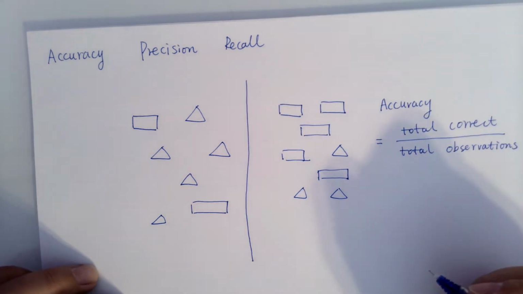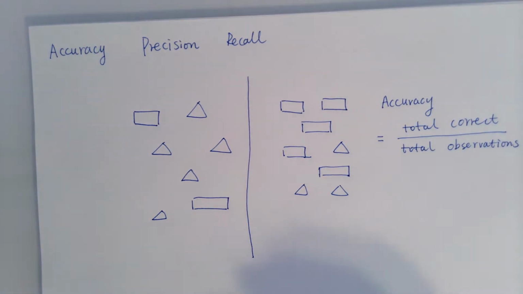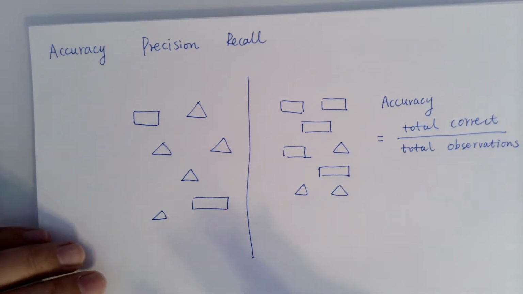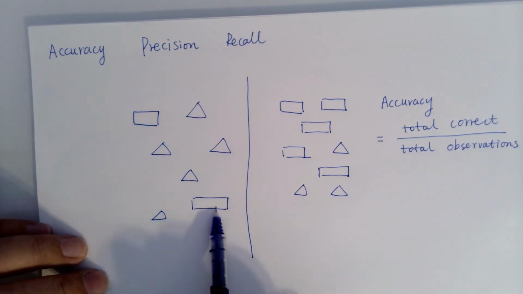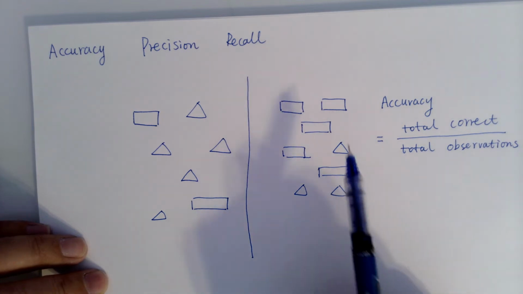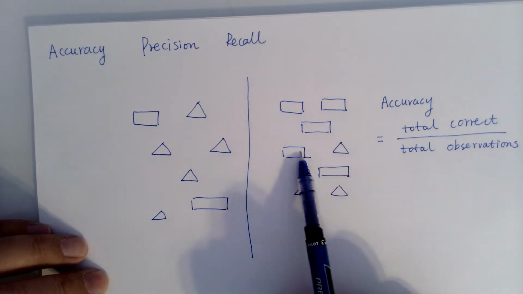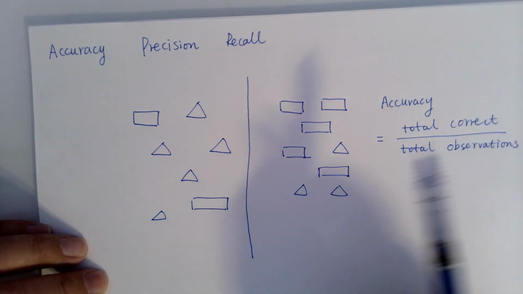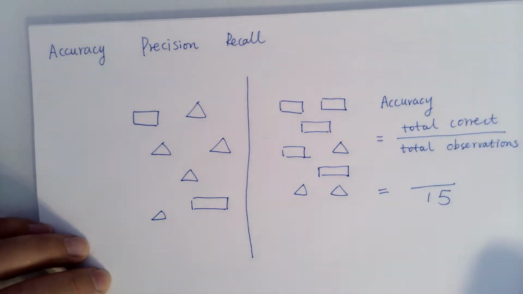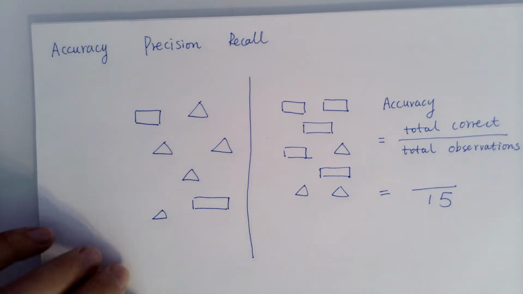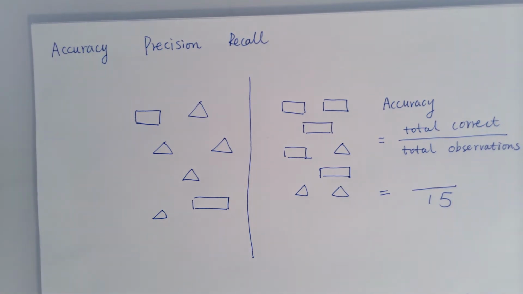If we count the total observations, we have 1, 2, 3, 4, 5, 6, 7, and then 8, 9, 10, 11, 12, 13, 14, 15. So the denominator here is 15. And how many objects did we classify correctly?